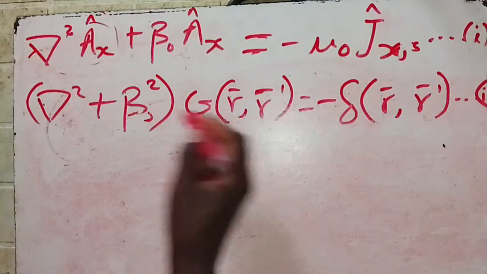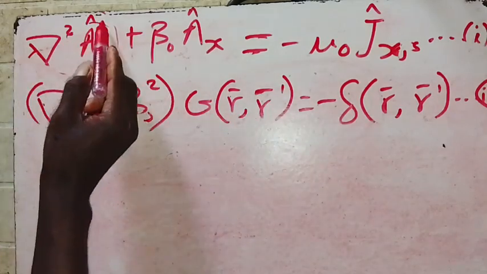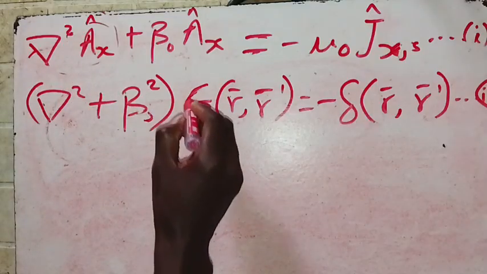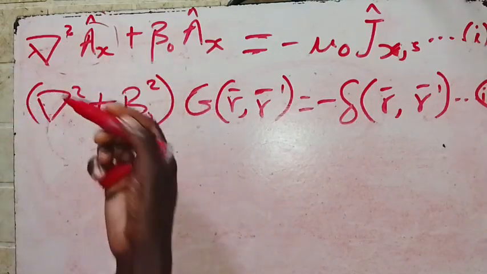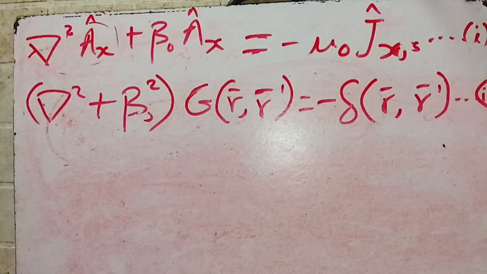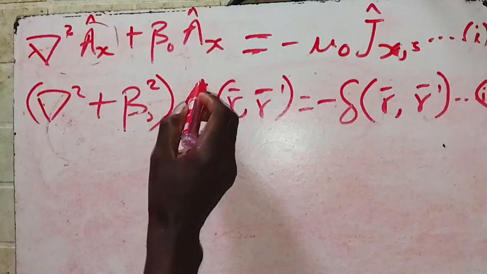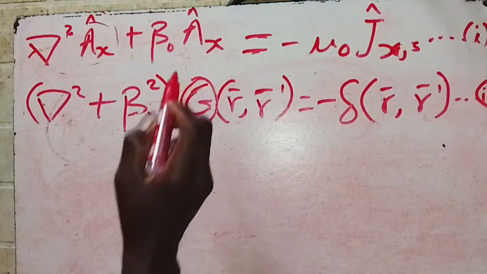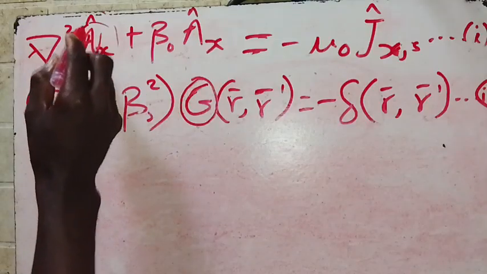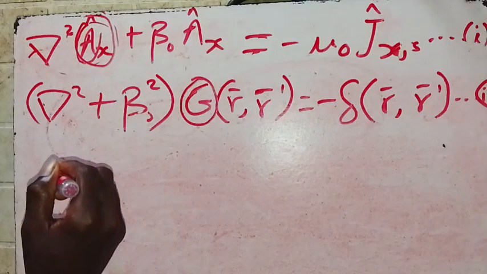So what we'll do now, since we are trying to bring out this particular guy, looking at this expression, I think I wrote something in the last equation. Let me do that again. Okay, let's just continue. So take this one. Are you seeing this green, which is the G? Then you see this one, A hat x.